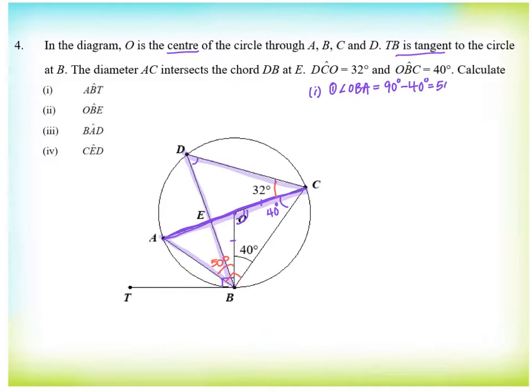That gives us 50 degrees. Therefore, as a result, if I want to find angle ABT, it will be 90 degrees minus 50 to give me an angle of 40 degrees for this angle over here.